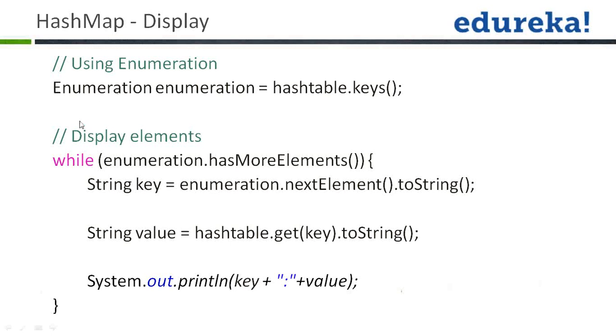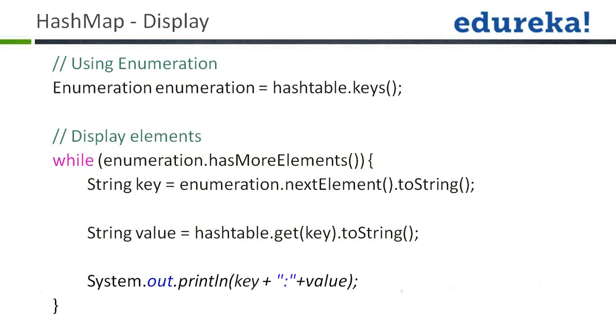So I use Enumeration equal to hashtable.keys. Using the keys, you will be fetching the items. So while enumeration.hasMoreElements, String key is enumeration.nextElement toString, and String value is hashtable.get, you pass the key in that and convert it into a string value. And finally you print the value. So all the elements present in the hash table will be printed like this.